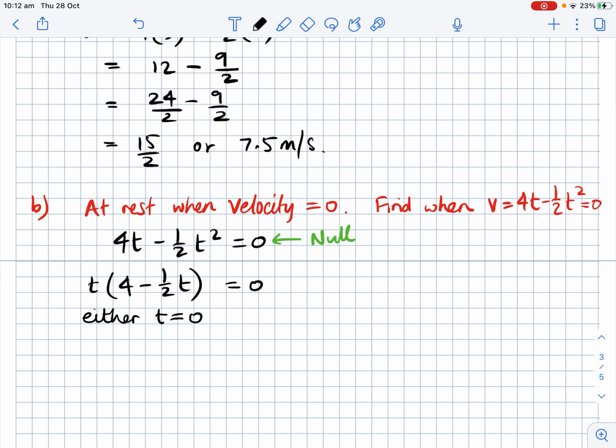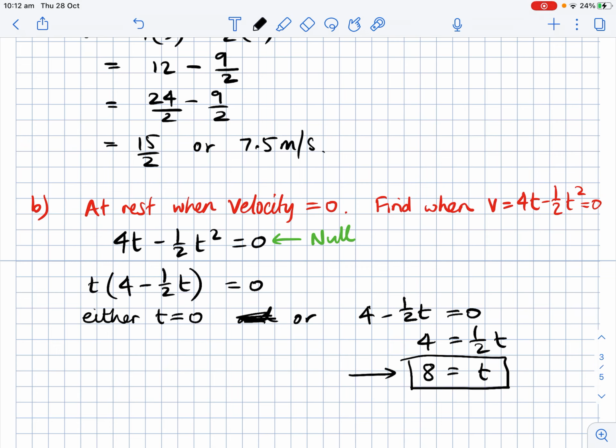And we already knew that because we knew it was at rest at the beginning. So the velocity was 0 at t equals 0. Or 4 minus a half t equals 0. Solve that equation. 4 equals a half t. t equals 8. So here's my other point, the second point when the velocity equals 0.